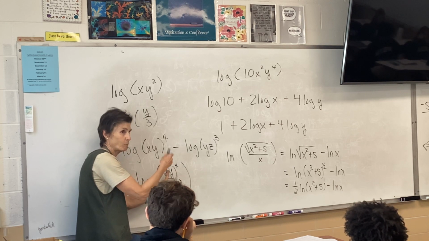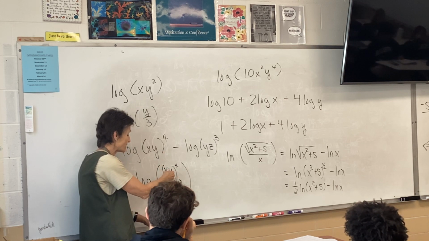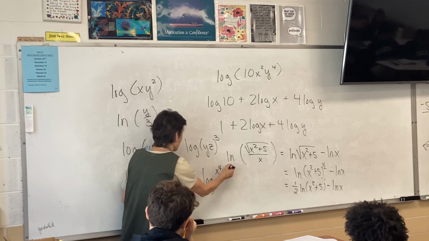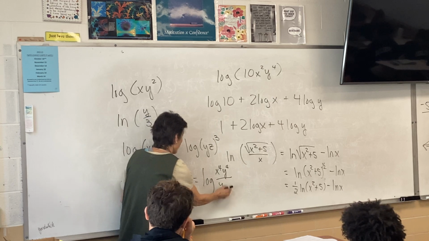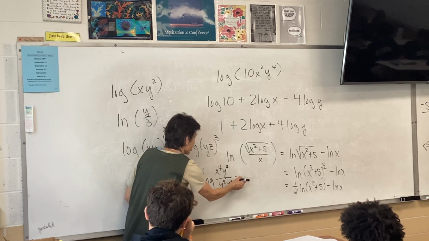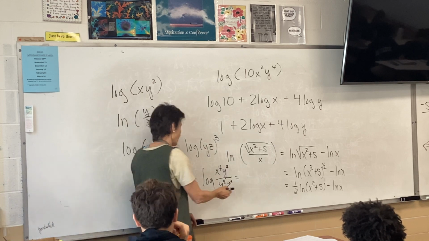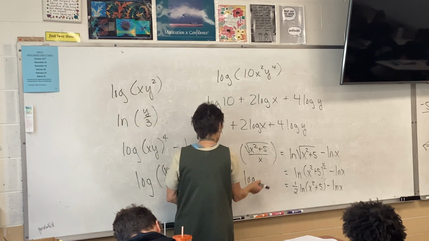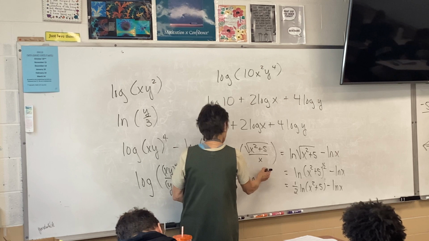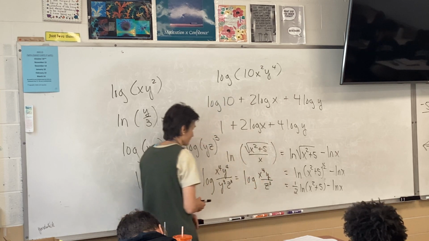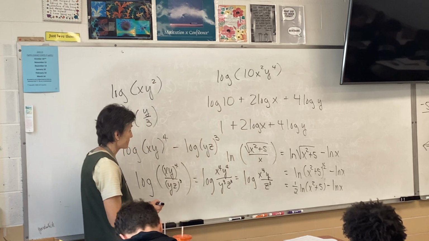That would be like a giant FOIL deal. But since that's a times, we can write that as x to the 4th, y to the 4th over y cubed, z cubed. And then we can cancel, and we're left with log x to the 4th y over z cubed, is that right?